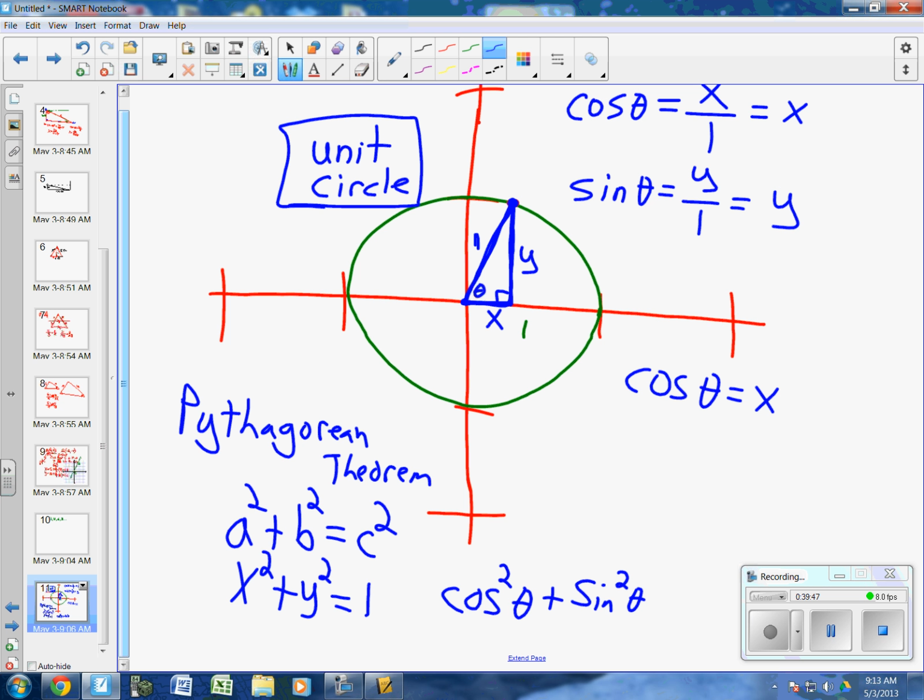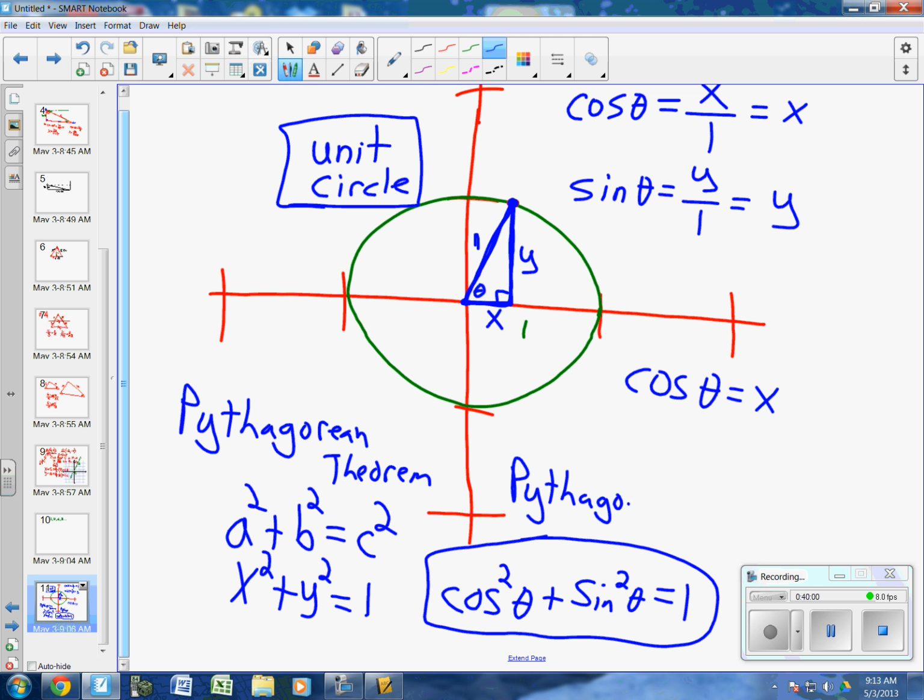So we substitute sine in for y, and equals 1. I want you guys to see this right here. We call this a Pythagorean identity. We call that the Pythagorean identity in trigonometry.